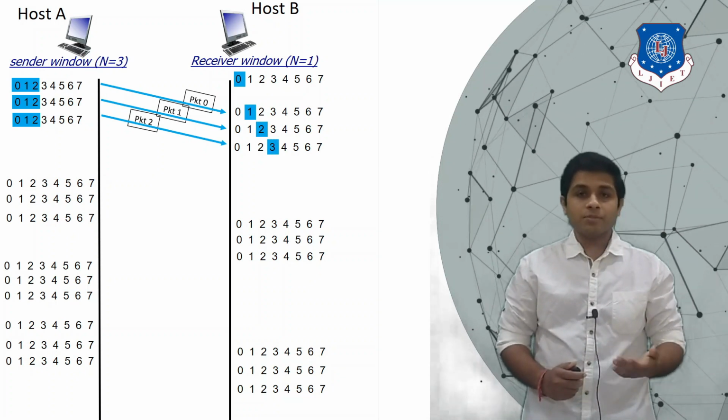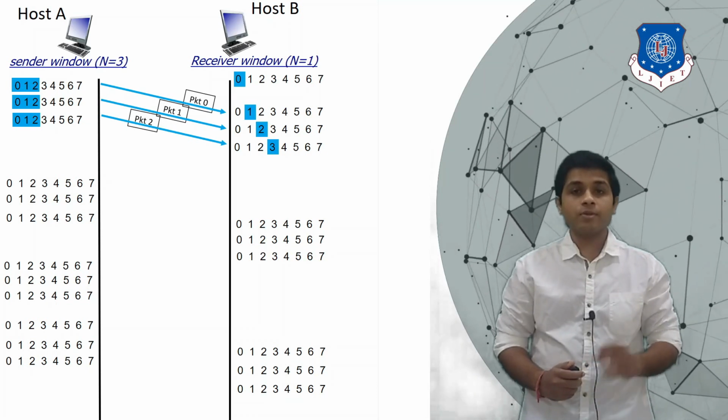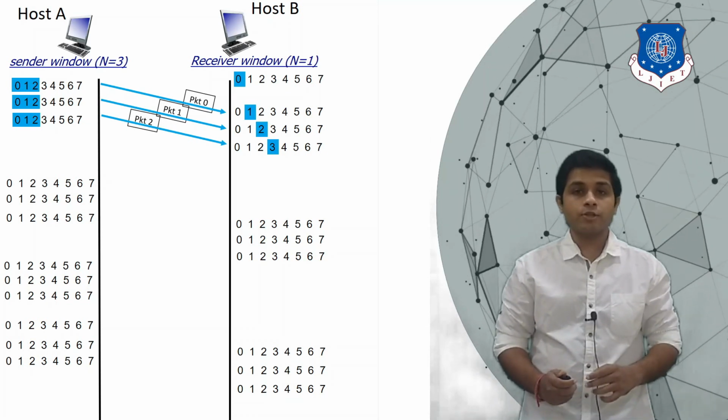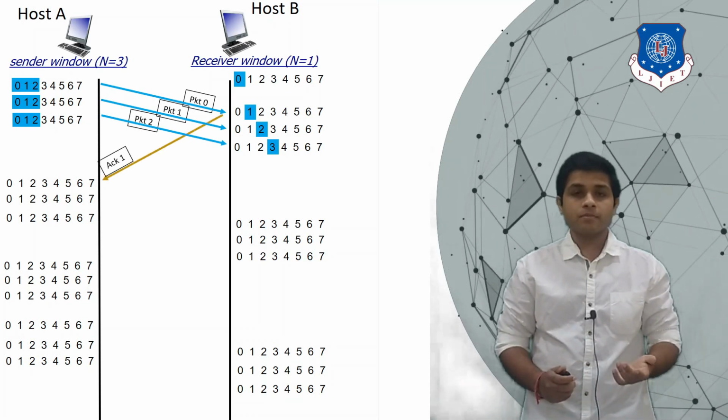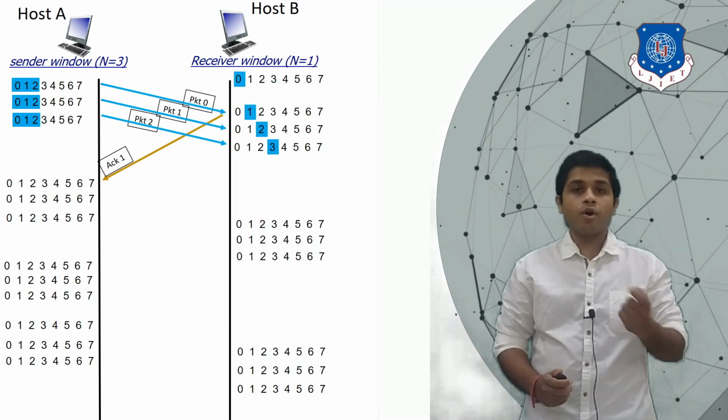After some time B will send the acknowledgement for the first packet it received, packet 0, which is ACK 1. The acknowledgement number is always 1 greater than the sequence number of the received packet.